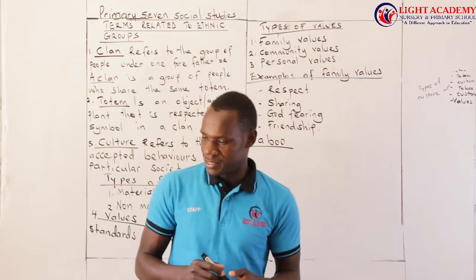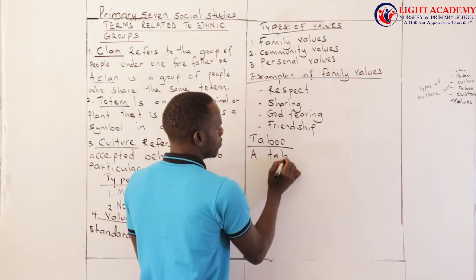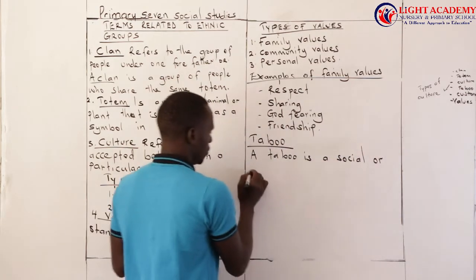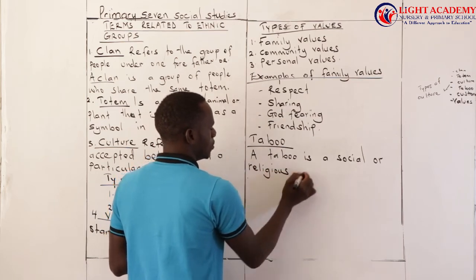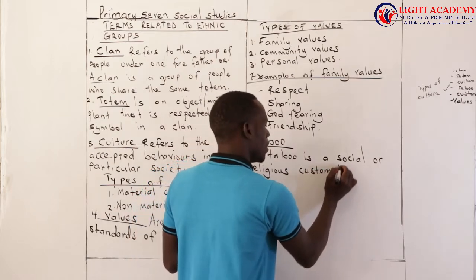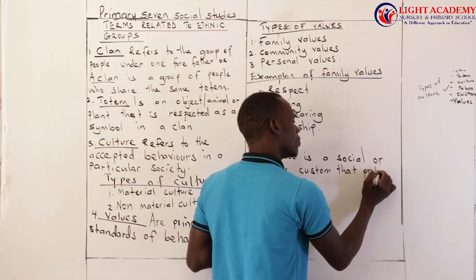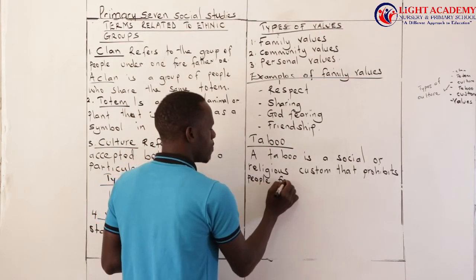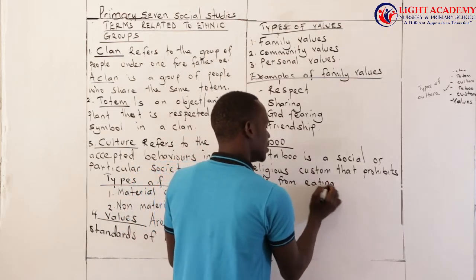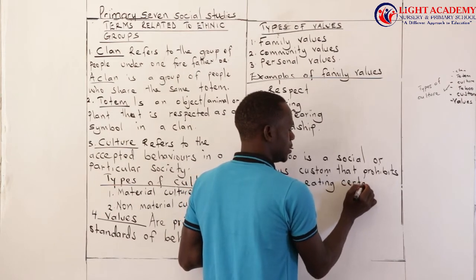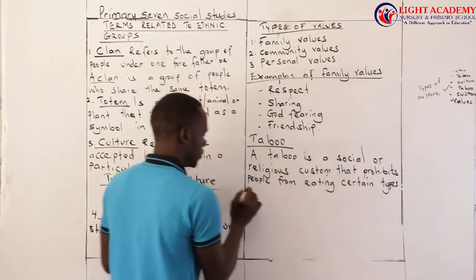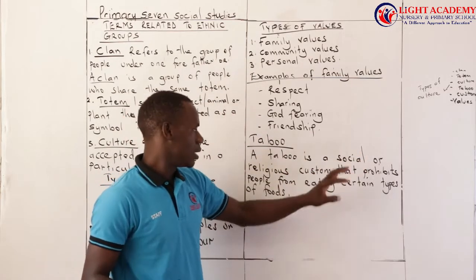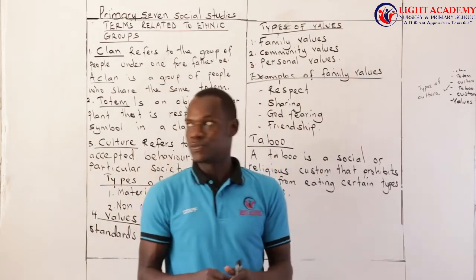A taboo is a social or religious custom that prohibits people from eating certain types of food.